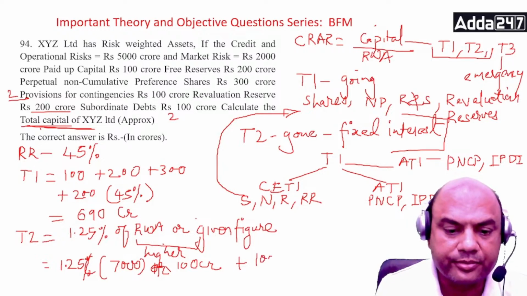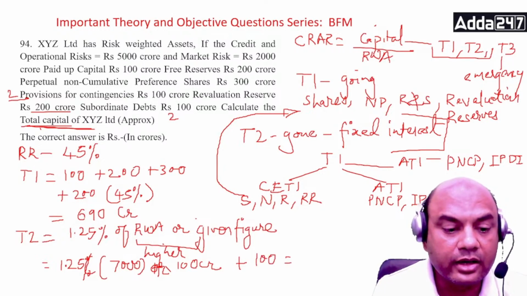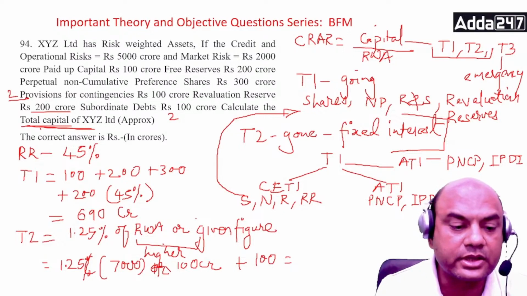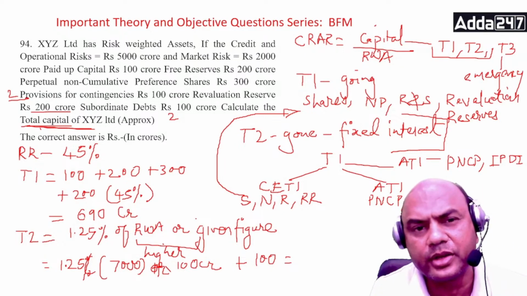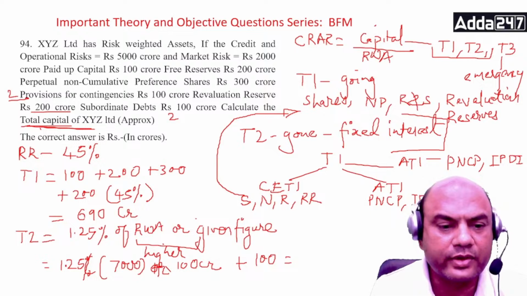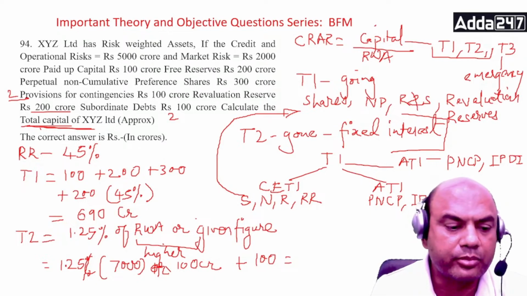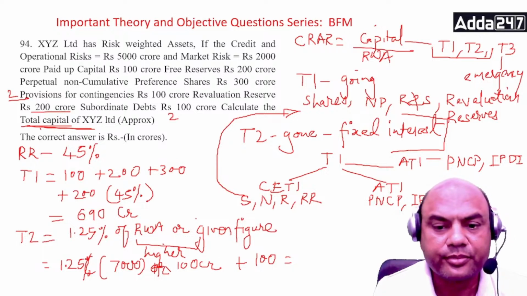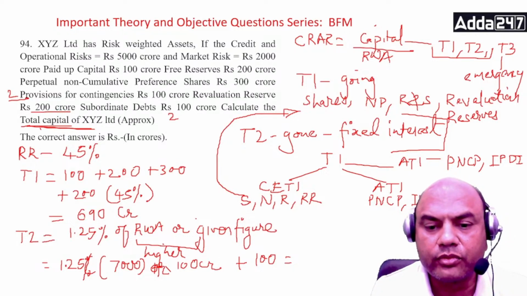So 100. What is my answer now? Here higher I have to take. Here 7000 and 1.25%. So it is what? Roughly around 87 point something or 77, right? Calculate it. Everyone calculate this. 1.25% of 7000. 1.25 into 7000, divided by 100.